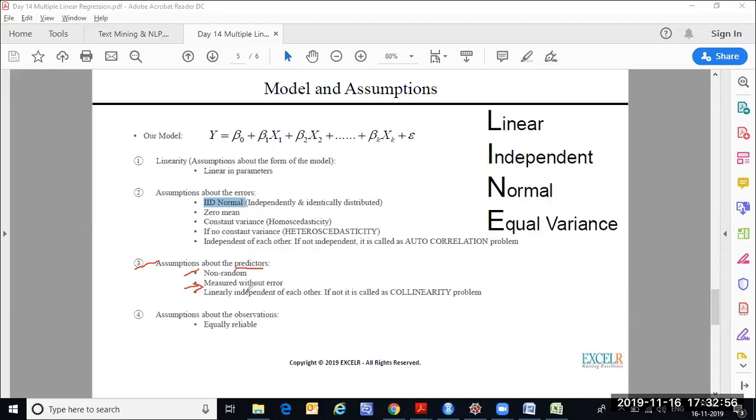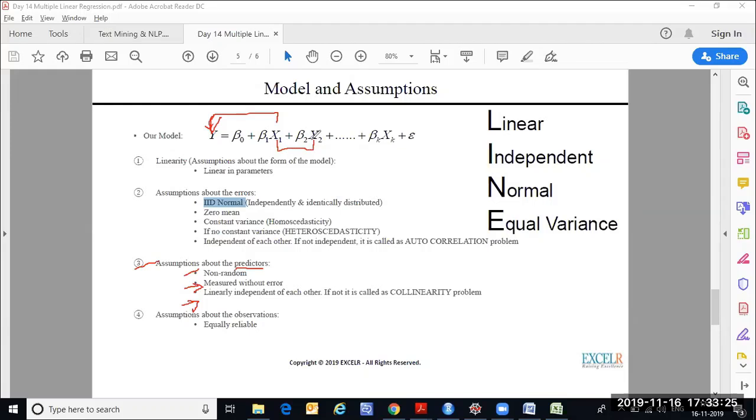Right? The next one is they should be linearly independent of each other. They should maintain a linear relationship with the output variable. But at the same time, while each of these input variables maintains a linear relationship with the output variable y, they need to be independent.